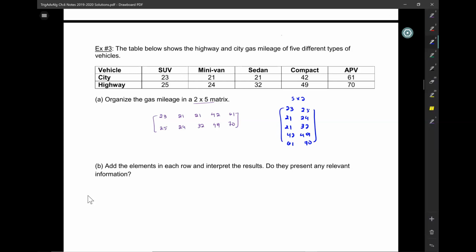No, because afterwards, when you're doing other operations with these, you need to have them in the correct dimensions in order to do those operations. So let's talk practical: test, quiz, homework. If it asks for a 2x5 and you give me a 5x2, that's 0 credit. Okay, 0 credit.